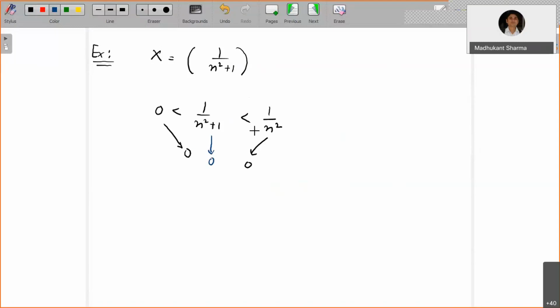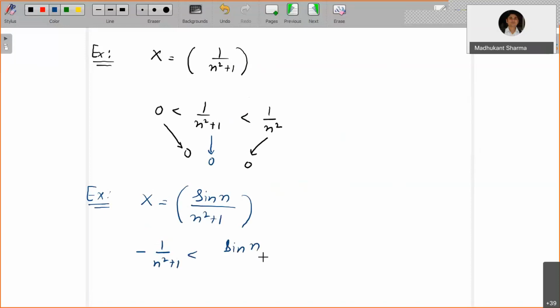Similarly, instead of 1 by n square plus 1, you can consider the example xn equals sine n by n square plus 1. Use the fact that sine n lies between -1 and 1, then it is certainly -1 by n square plus 1 less than sine n by n square plus 1 less than 1 by n square plus 1.